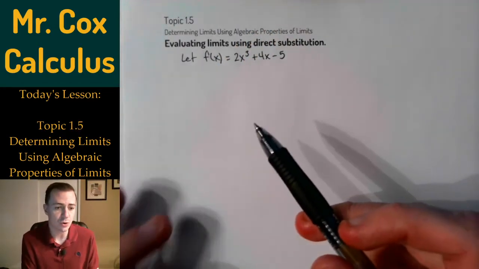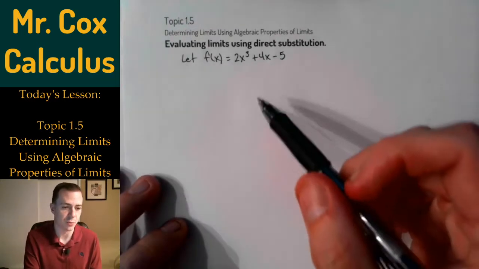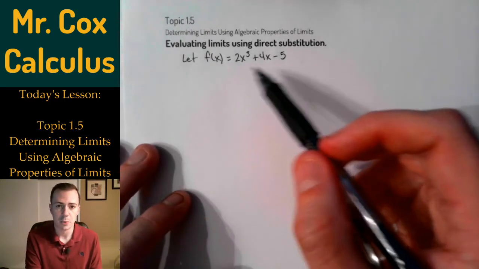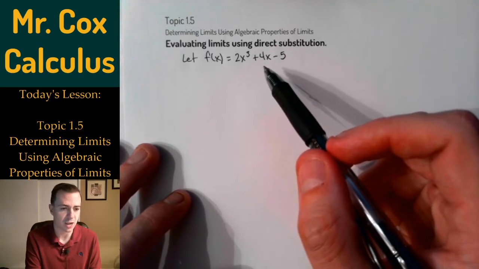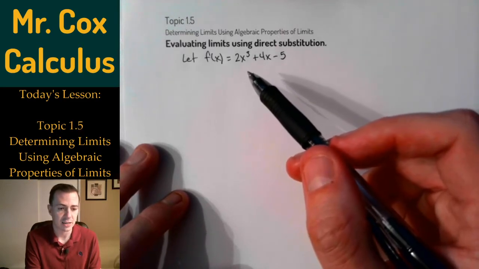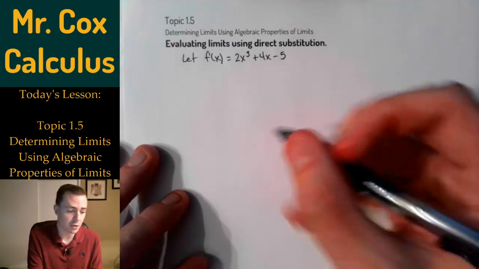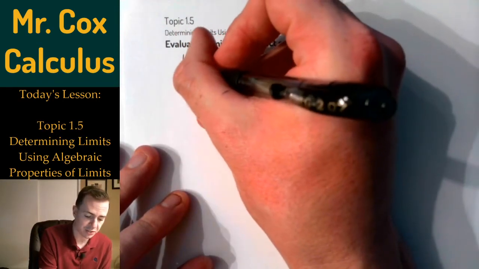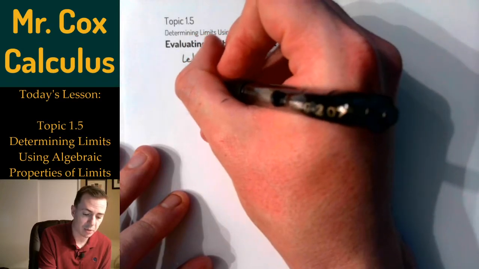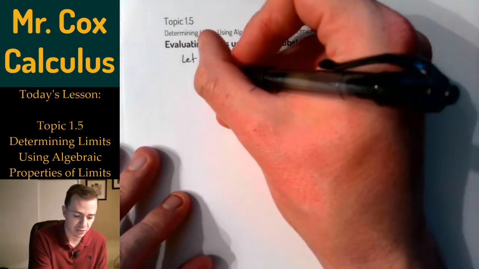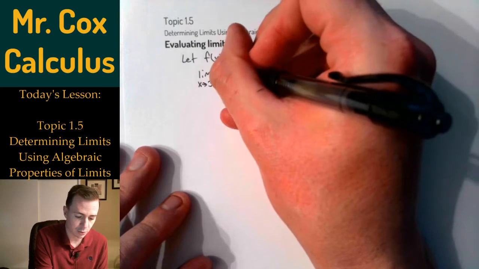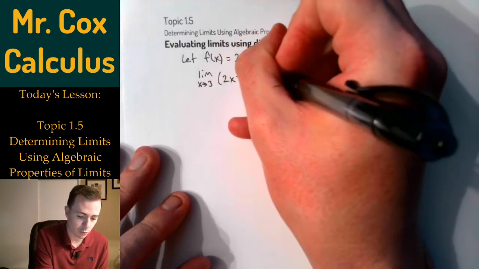Now then, in your limits toolbox, you know two main ideas. We can either graph this function, which we're not really going to be able to do by hand; that's going to require a calculator. Or we can build a table of values, because what we want to find here is the limit as x approaches 3 of 2x cubed plus 4x minus 5.